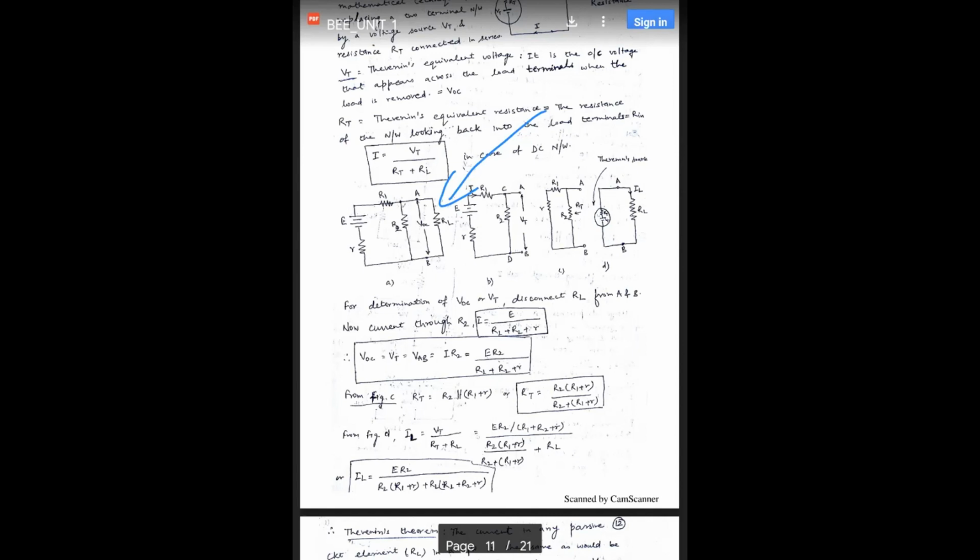through the load resistance. Okay, so first of all we will calculate the open circuit voltage or Thevenin voltage, and the first step is to disconnect the load resistance.